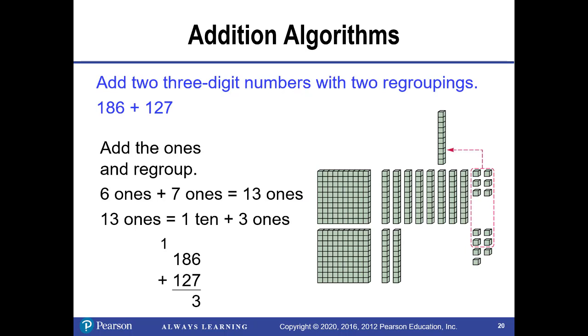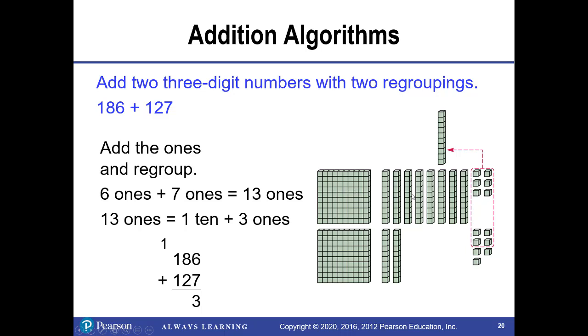So here's an example with base 10 blocks. We're adding 186 and 127. So you see the top row, excluding the dotted line part with the arrow, the top row here is showing us our 186.